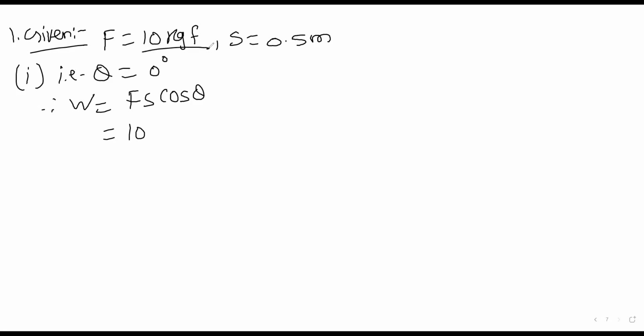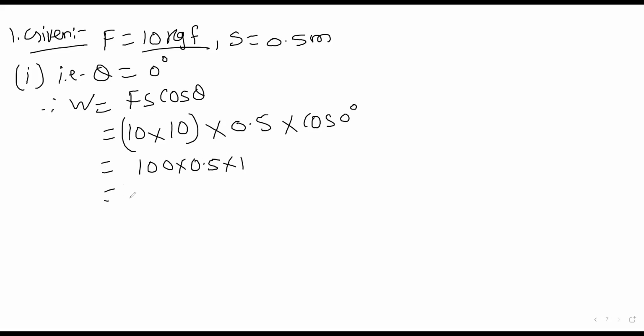What is 10 kgf in Newton? 100 न्यूटन. पण 10 घेणार का 9.8 घेणार, त्यांनी दिलंय का? जे दिलेलं आहे in the question, it is given g is 10. सो g 10 घ्या. So basically 10 into 10, हे झालं force, into 0.5 into cos 0. Cos 0 is 1. So 100 into 0.5 into 1, that is how much? 50 joule.